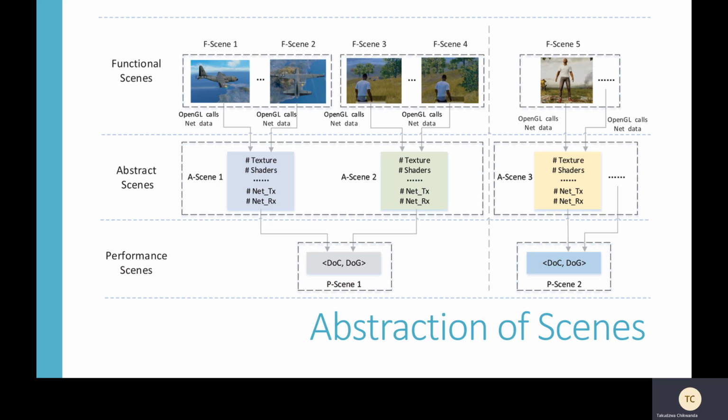There are different types of scenes. There are functional scenes, there are abstract scenes, there are performance scenes. From the abstract scene, we use a model, and then we predict the performance scenes. This is in link with trying to predict what power is required for this activity.